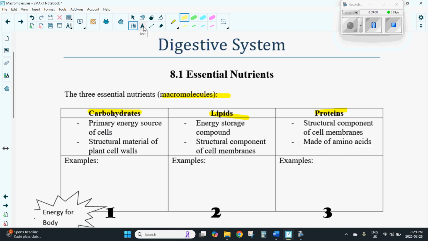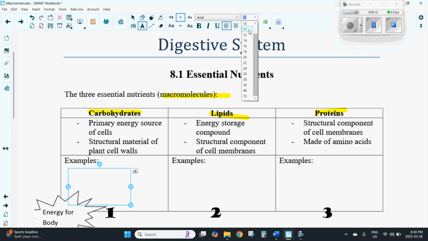I encourage you at this point to list out some examples of things that you know to be a carbohydrate. Some of the most common ones that students point out are things like potatoes, rice, bread.